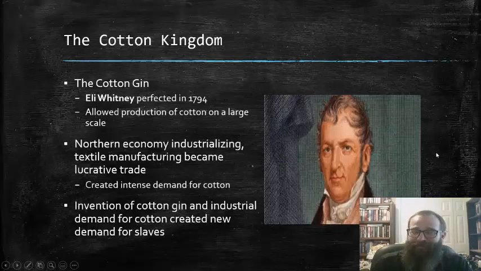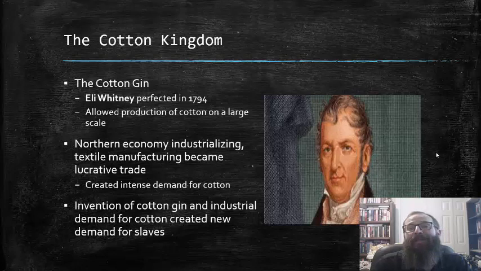A very significant development in the early 19th century was the development and the expansion of what historians have termed the Cotton Kingdom. Now, this was facilitated by the invention of the cotton gin. Now, Eli Whitney did not invent the cotton gin per se, but he perfected a version of the cotton gin in 1794 that quickly caught on amongst cotton producers.